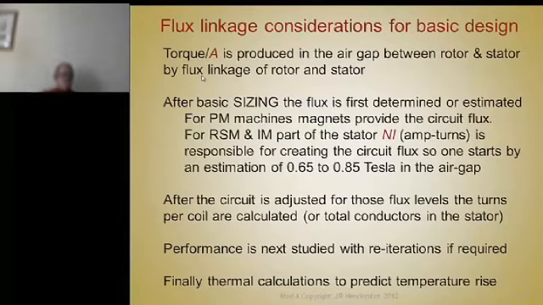You can't start an induction motor design without some assumed flux density, so you assume it's somewhere between 0.65 and 0.85 Tesla in the air gap, and I think 0.8 is a good place to start, really. You might get it a bit higher. It's pretty tough to get over 1 Tesla in the air gap.